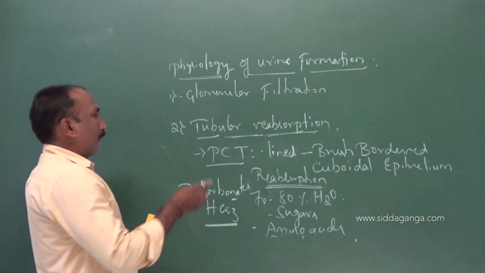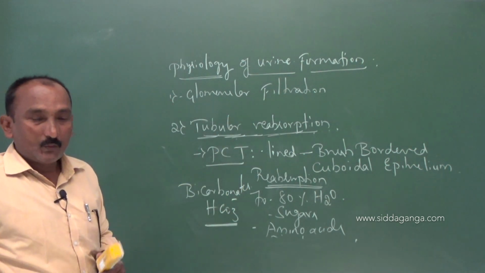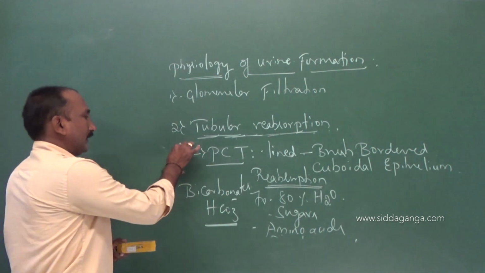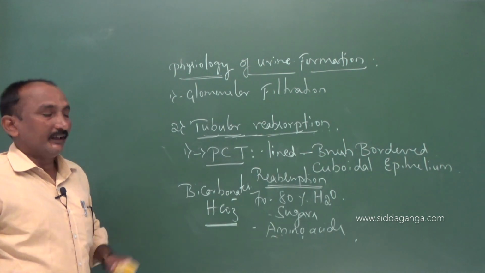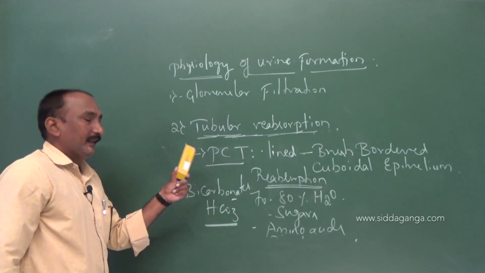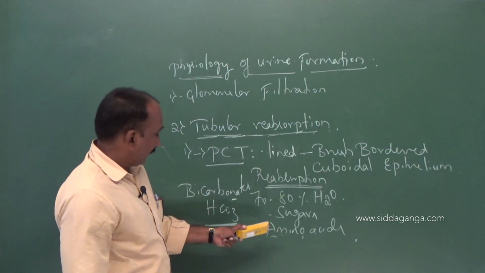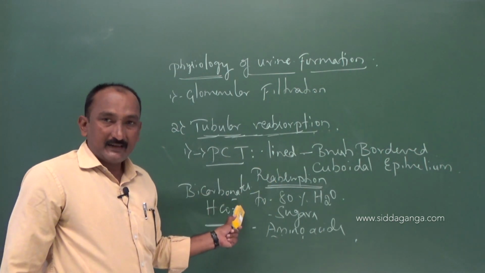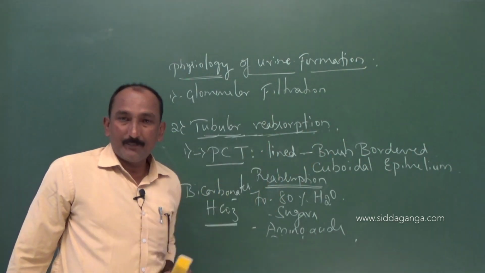So, what is the role of the proximal convoluted tubule? It is mainly important in the reabsorption of water, sugars, amino acids, as well as bicarbonates with the help of the brush bordered cuboidal epithelium.